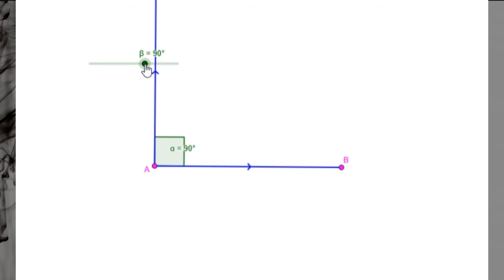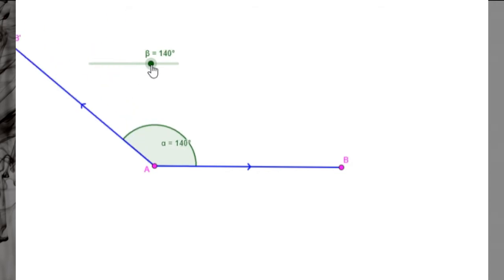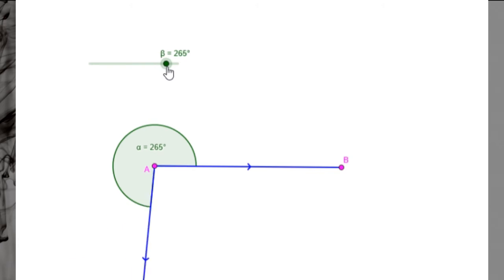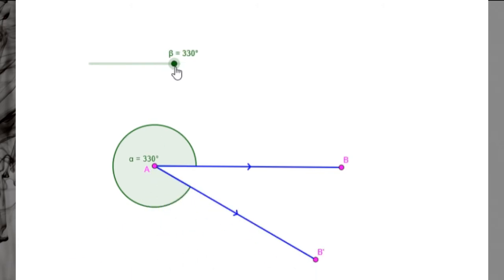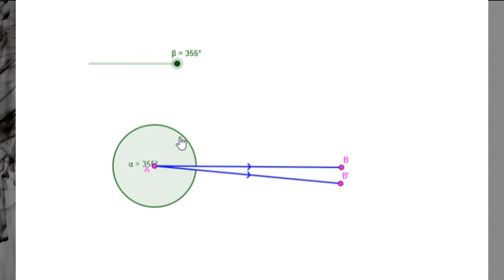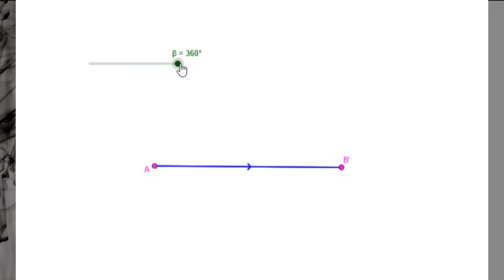Like that, this is a right angle. Then a 180 degree angle is known as the linear angle. Now the reflex angles, and if we keep on moving, one complete rotation will make an angle of 360 degrees. That means if I rotate like this in the counterclockwise direction, one complete rotation will be 360 degrees.